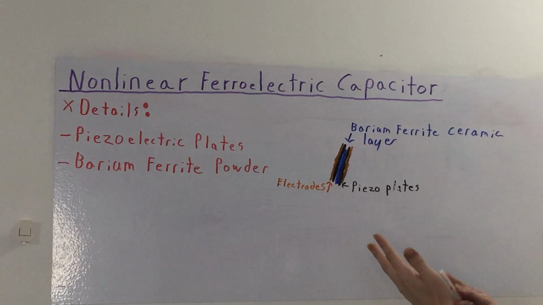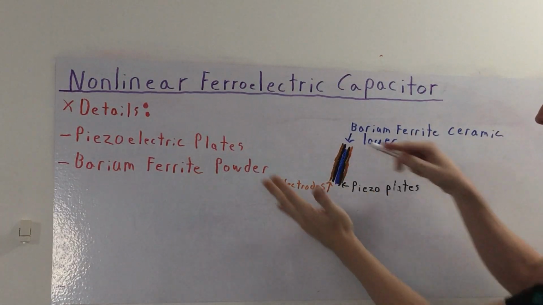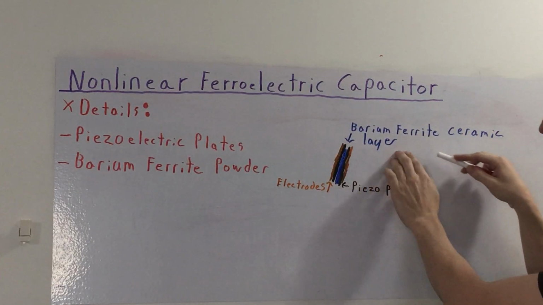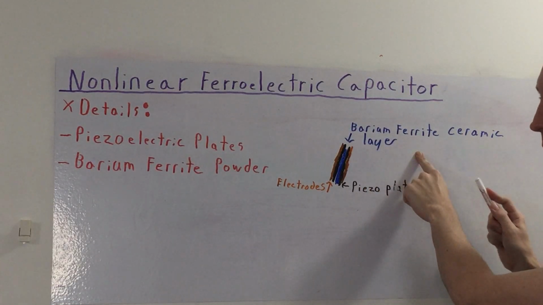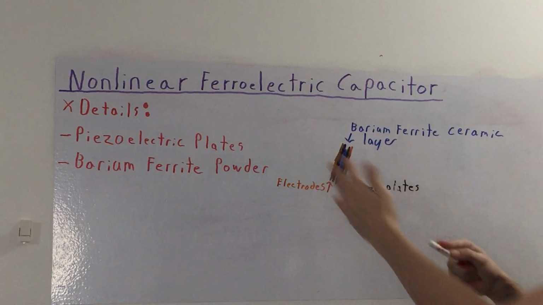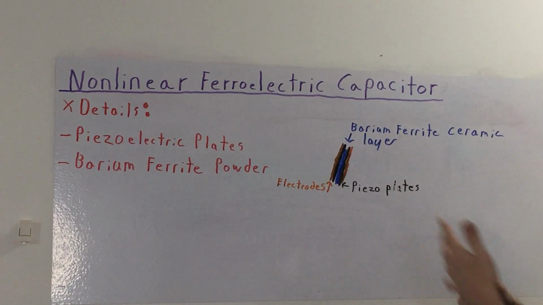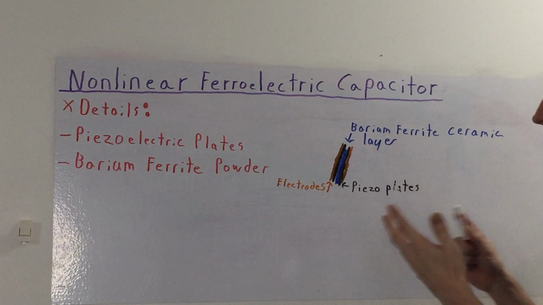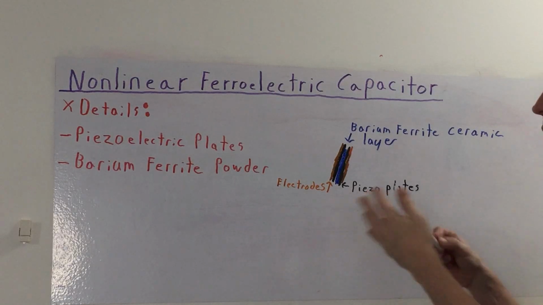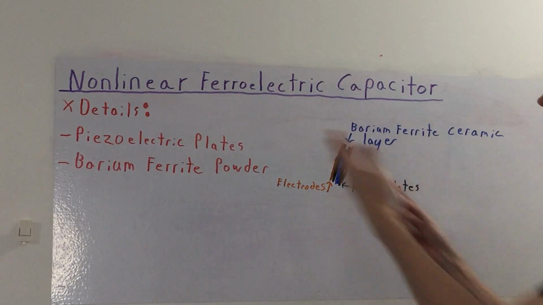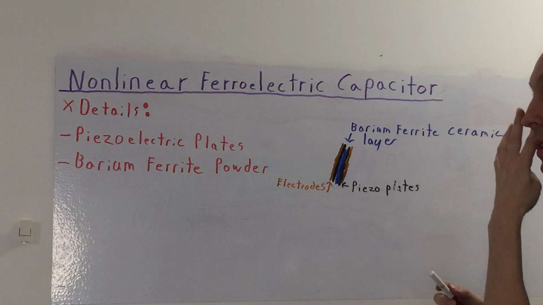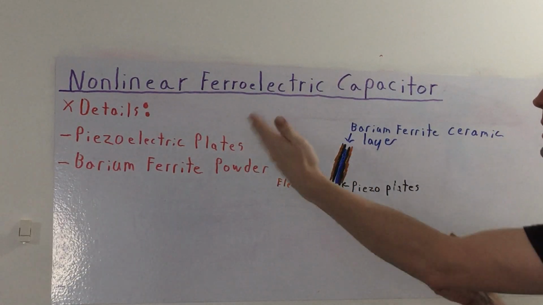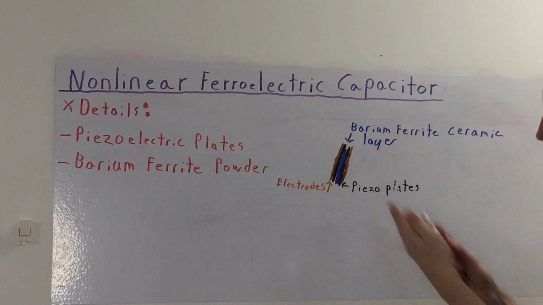So the reason you'd want to have both the piezoelectric plates and the barium ferrite layer, the dielectric, together in a nonlinear ferroelectric capacitor, basically, it could be very many reasons. Enhance nonlinearity. The combination is aimed at enhancing the nonlinear characteristics of the capacitor.